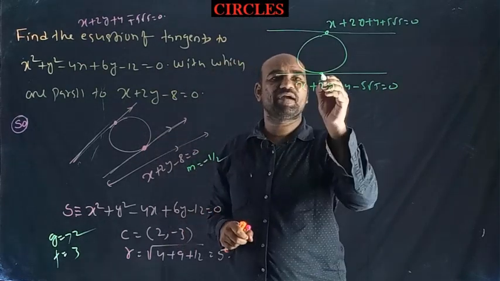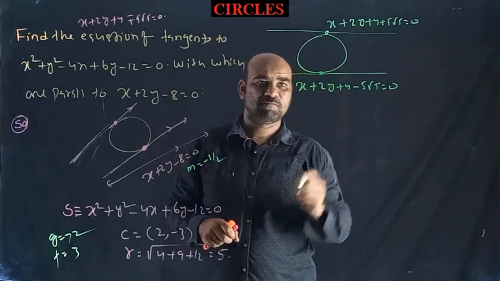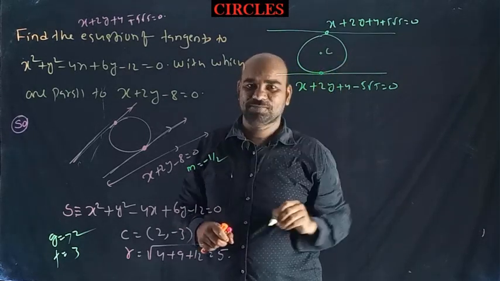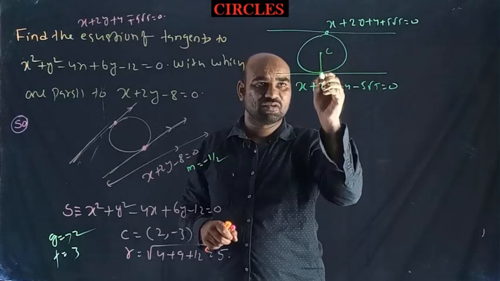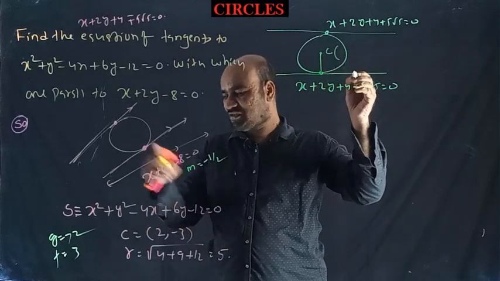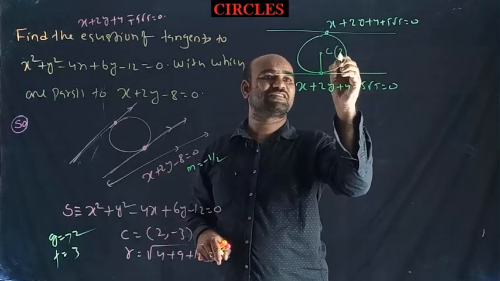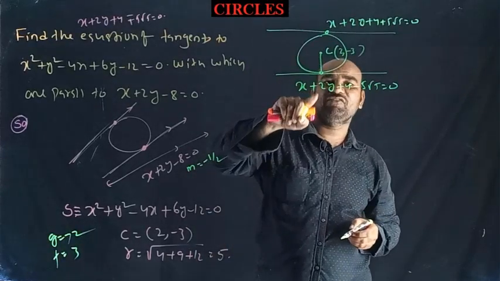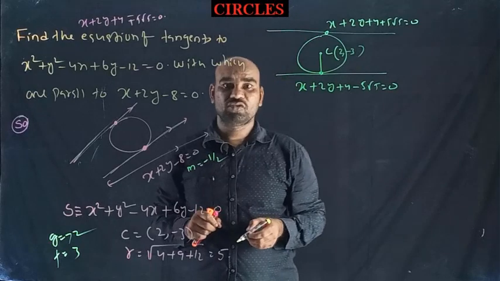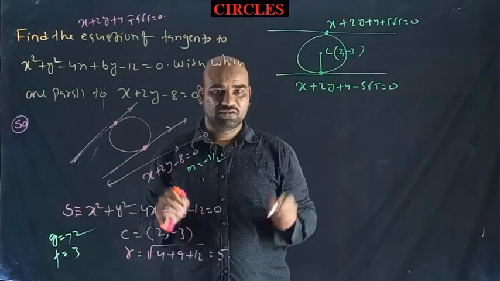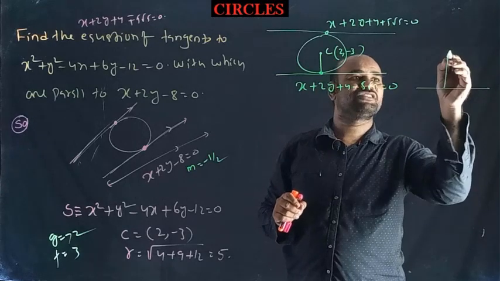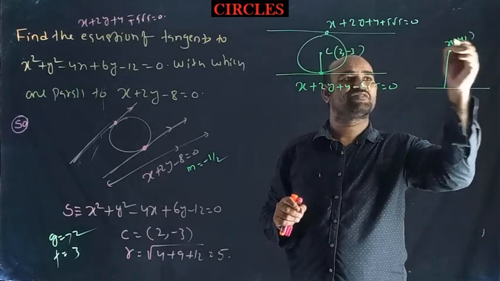Now I want to find the point of tangency. Point of tangency is nothing but the foot of the perpendicular from the center. Already the center coordinates are 2 comma minus 3. By using the coordinates of the center and this line equation, you can find the coordinates of the foot. We have one basic formula. This is x1, y1, say P.